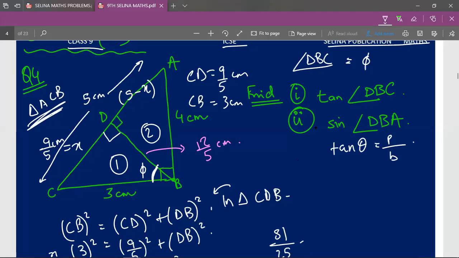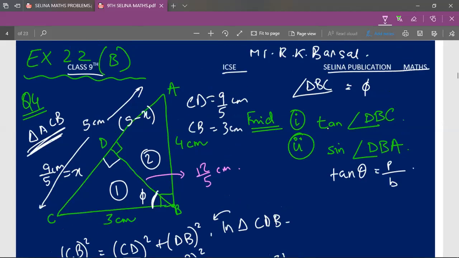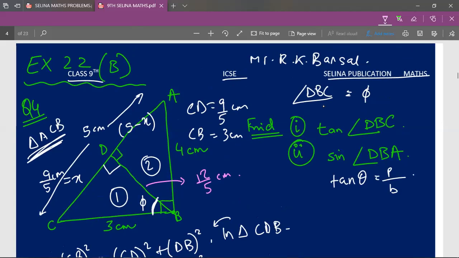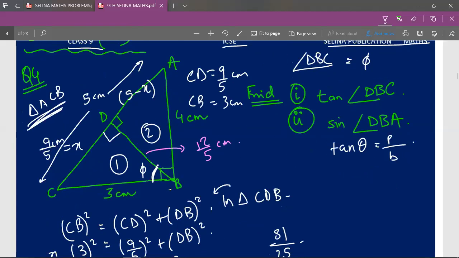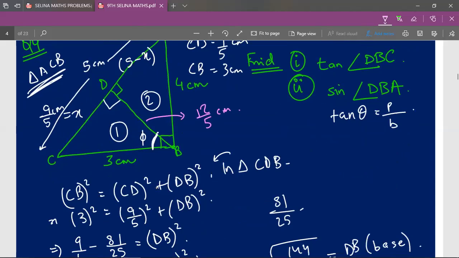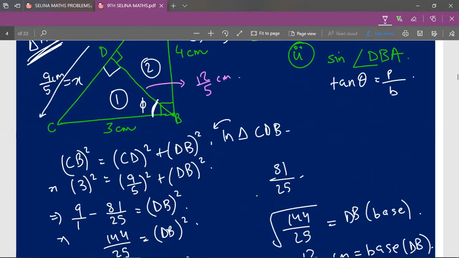So once you solve the base, what did we achieve? We have achieved tan phi, where phi is angle DBC. So with respect to angle phi, angle DBC, tell us tan phi, that is perpendicular upon base. So I'll just draw the figure we had drawn earlier.